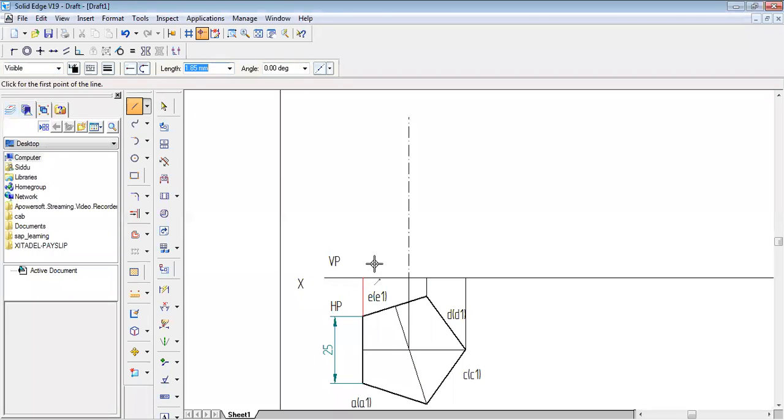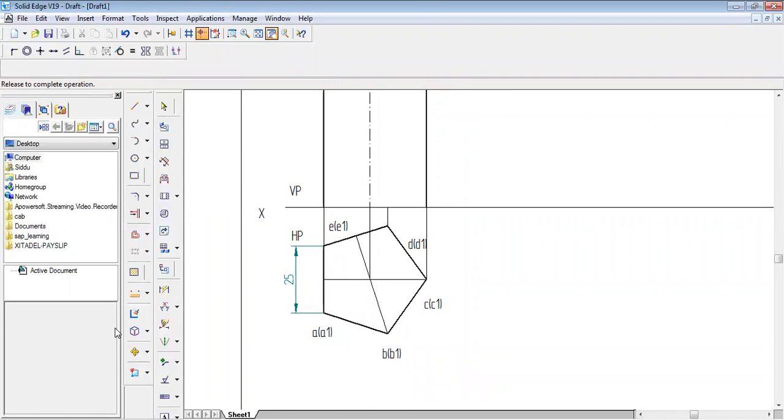So now here onwards, since it is your view, go for a 60 mm line, just extend it for any length. Now when I'm looking in this direction, A is visible to me, so I have taken a visible line.